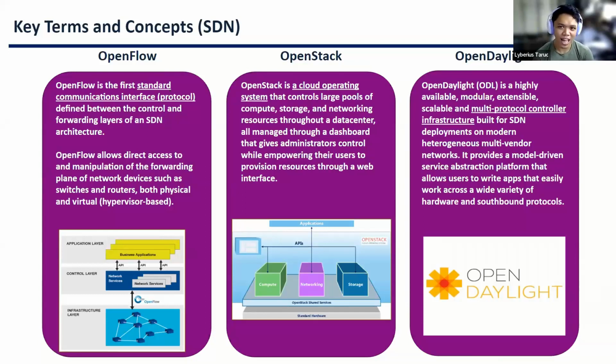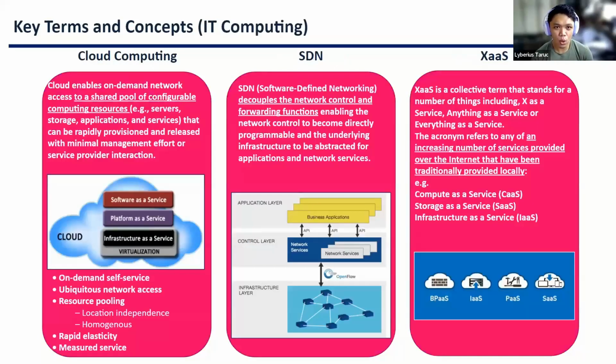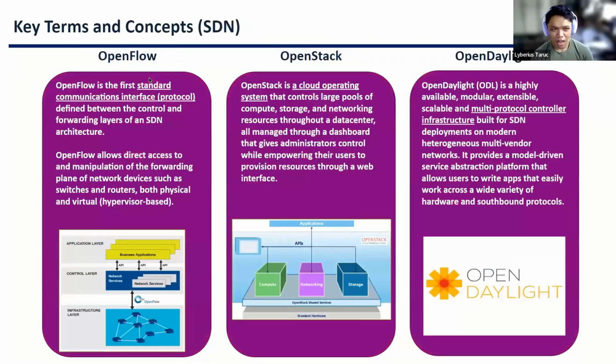What is OpenStack? OpenStack is actually somewhat not related to SDN per se, but is more related to cloud computing. Think of OpenStack as the Windows or the Linux of your cloud. Why do I say that? OpenStack is a cloud operating system.